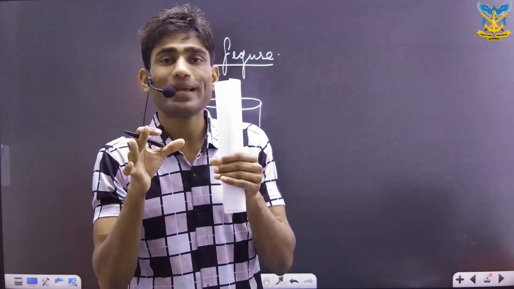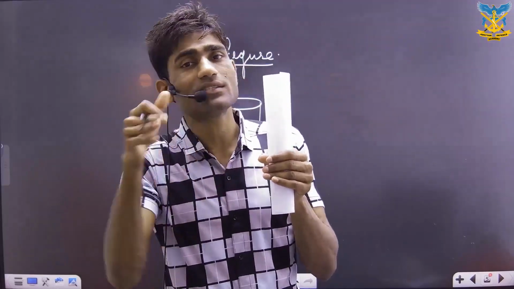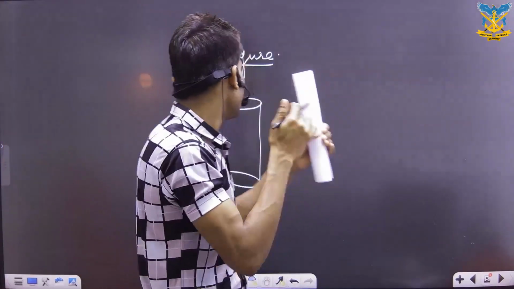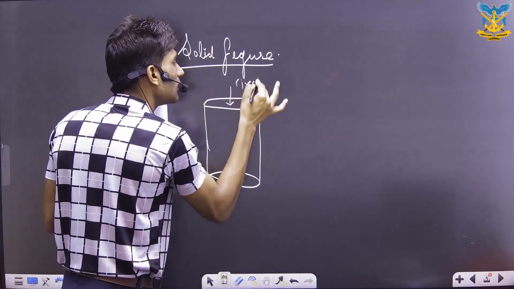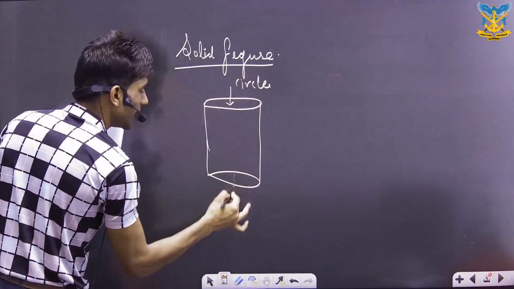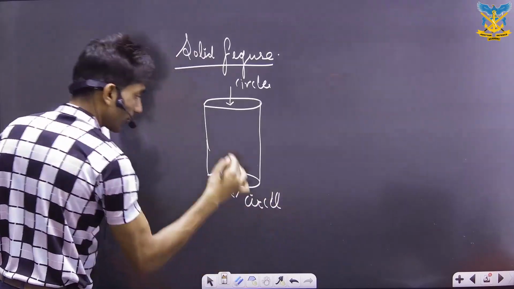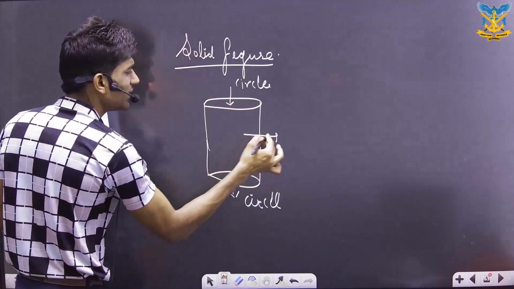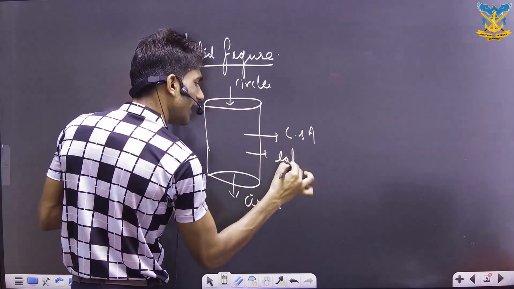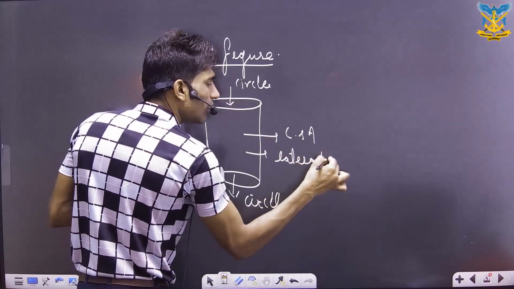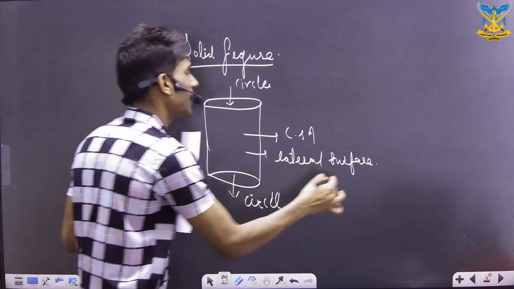Total surface area is generally the lateral or curved surface area plus the remaining part of the surface area. The upper side is a circle, the downside part also has a circle, and here we have the curved or lateral surface area.